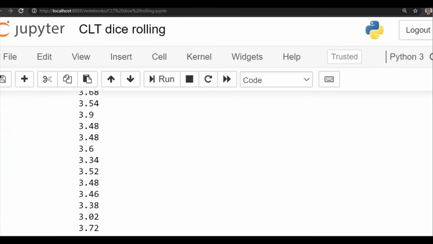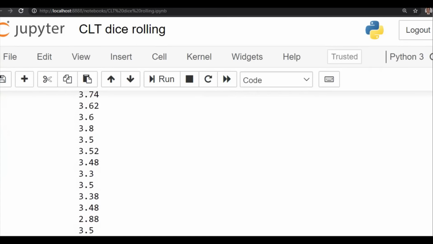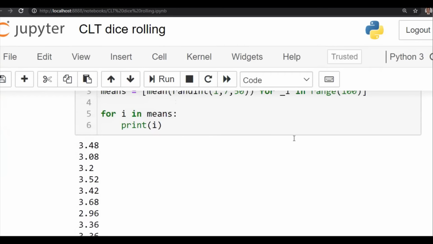I've taken 100 x bars here, 100 means, and I found the mean of means. These are the means, x bars. Again, I'm repeating, this is very, very important for you. When I say 3.48, this is the mean of the outcomes, 50 outcomes.